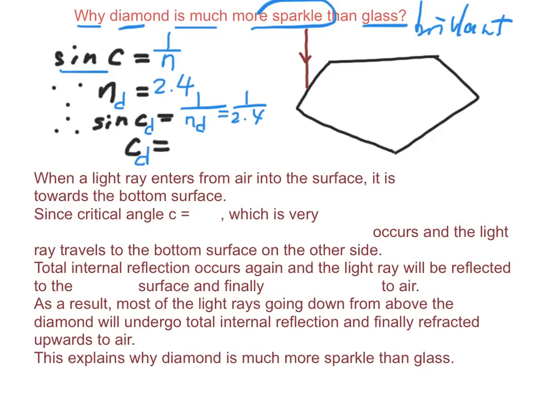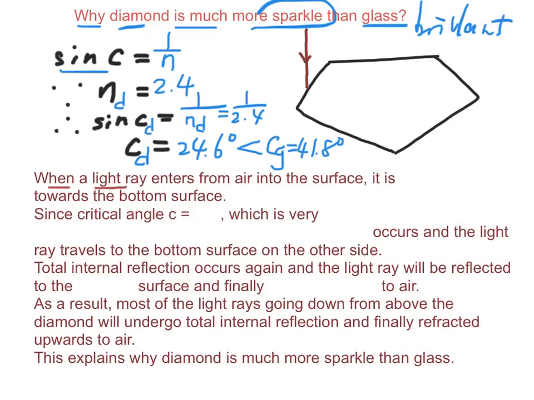Therefore, the critical angle for diamond is equal to 24.6 degrees, which is much smaller than that of the critical angle of glass, which is about 41.8 degrees.